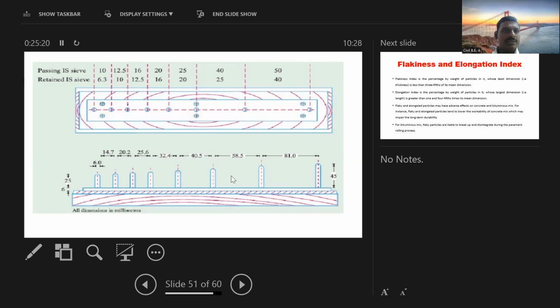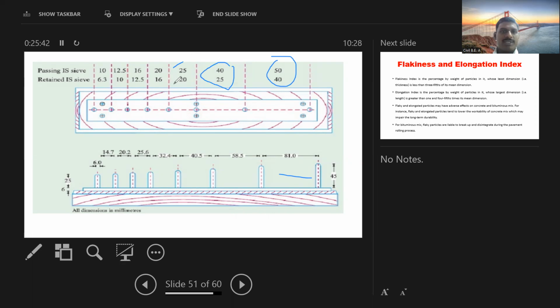So again, you can see here the passing IS sieve sizes are given. Here 40 to 50 mm is given, 25 to 40 mm is given. If you see each and every one, thickness and elongation both are given here.